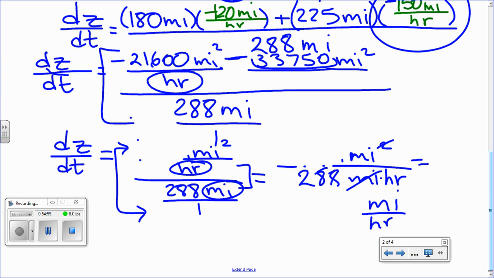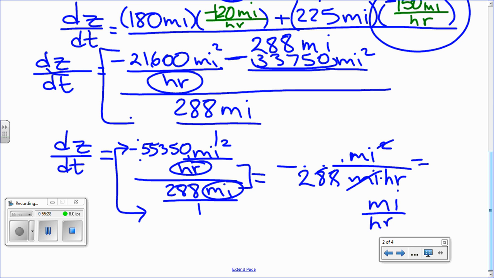So that will be negative 21,600. So we're adding two negative numbers, and so that will give me negative 55,350.